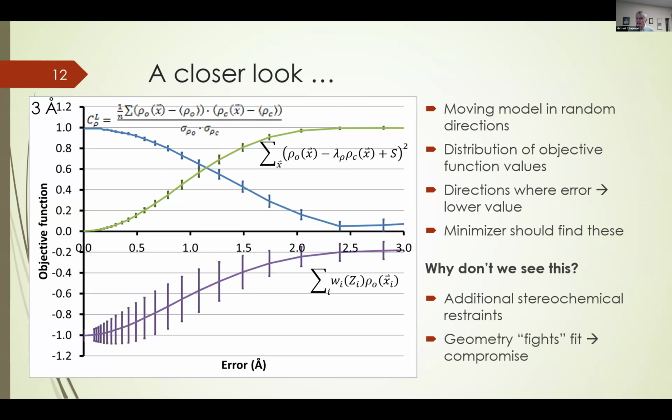And so what we end up with is something that's more restrained. But in reality, what's going on is we're getting a little bit of fighting between a good fit to the map and good stereochemistry. And this is meaning that we're not at the very best structure that we could be at.